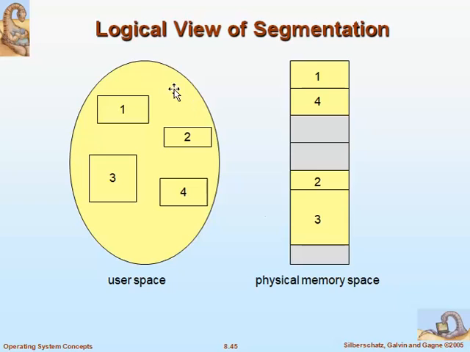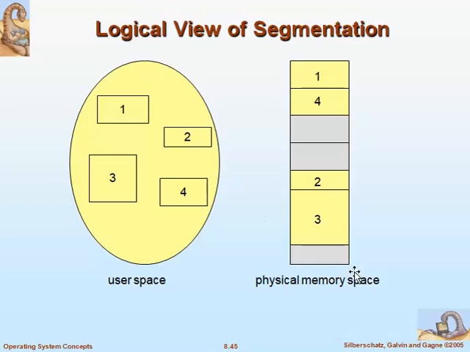All those are considered as one segment, and each segment will have a segment number. So this is segment number 1, segment 2, segment 3, segment 4, and these segments are mapped to the physical address. You can see segment number 1 resides on the physical memory space as 1. This is 2, 3 and 4.